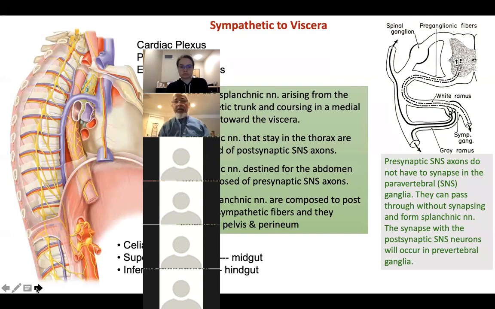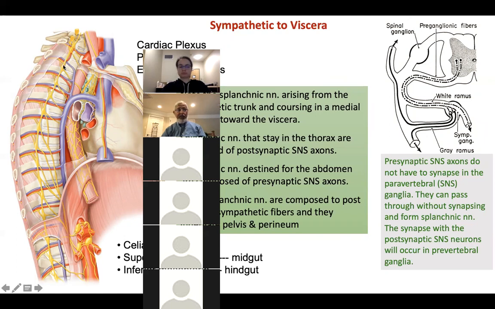Now, sympathetic goes to the body wall. We showed how sympathetic goes to the body wall, but sympathetic needs to go to the viscera as well, right? Because the viscera, like stomach, esophagus, duodenum, all these organs, need sympathetic supply as well. So we talked about how they go to the body wall. Now look at how they come to the viscera.